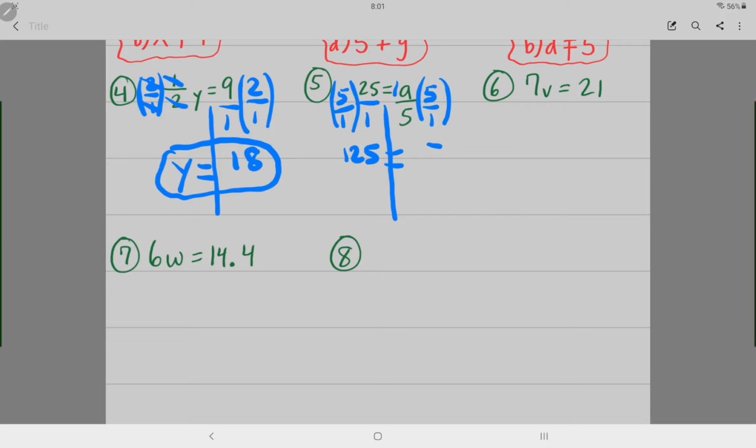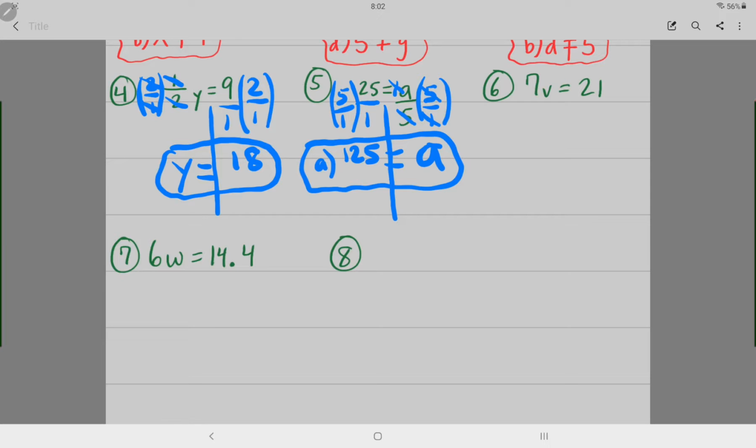So 1 divided by 1 is still 1. Cross that out, cross that out. 5 divided by 5 is still 1. Cross that out, cross that out. And we're left with the letter A, which is our variable. Let's bring that down. So our answer is 125 equals A, or A equals 125, which is choice A.